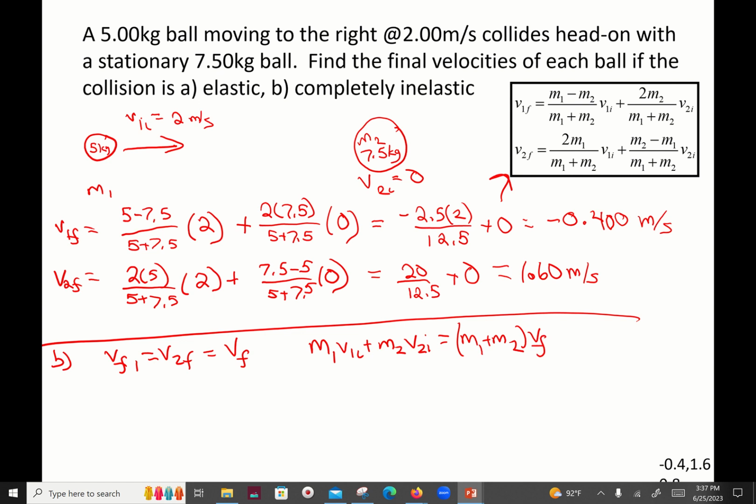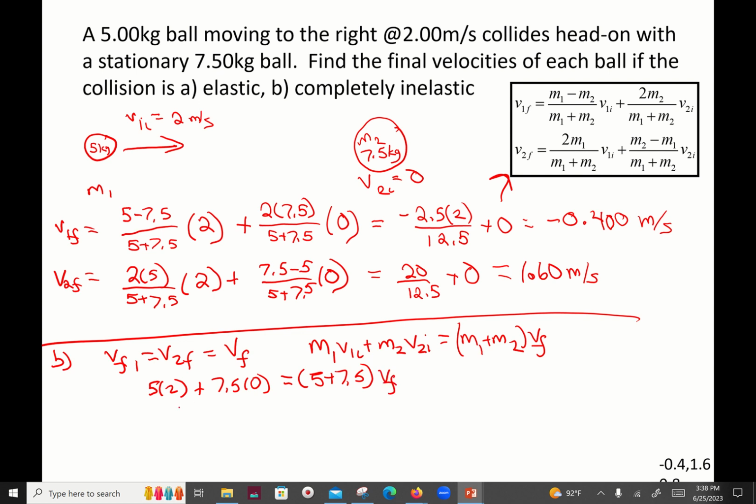Okay, now I'm just going to plug and check. M1 is 5, V1 initial is 2, plus M2 is 7.5 times 0, is equal to M1 plus M2, 5 plus 7.5, times V final, which I don't know.